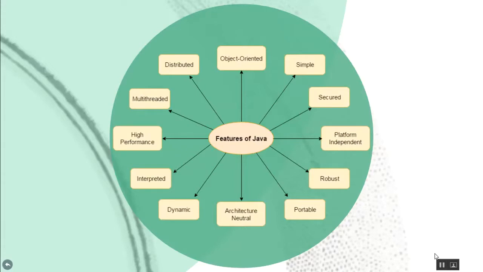Java is robust. Robust simply means strong. Java uses strong memory management. There is a lack of pointers and it also provides automatic garbage collection in Java. Automatic garbage collection means that if you are working with any very memory-occupying resource like a file structure or something like that, you don't need to take care of releasing the memory.